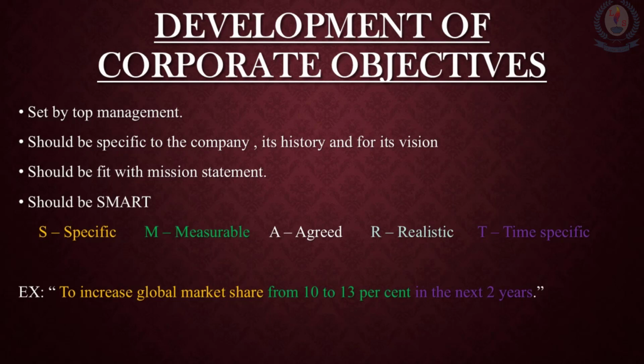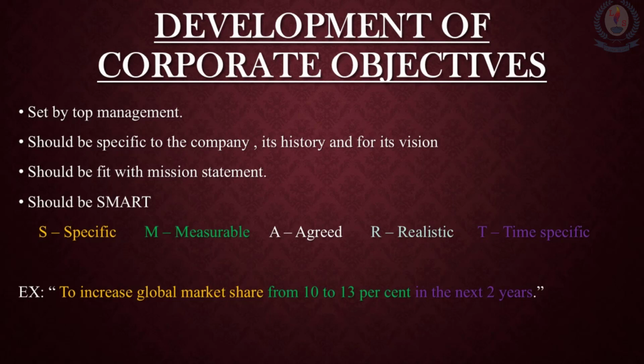Now, think about that. Is this corporate objective a smart one or not? First, try to identify whether it is specific or not. I have colored the word specific and letter S with yellow color. And in this corporate objective statement also, I have highlighted a part in yellow.